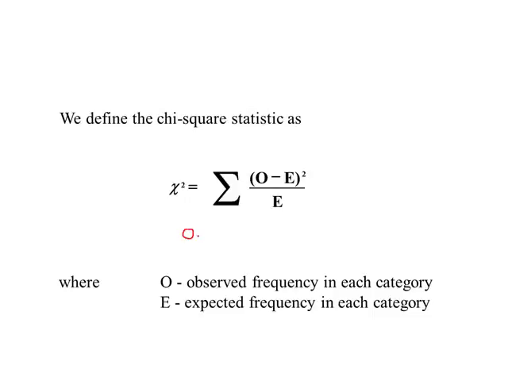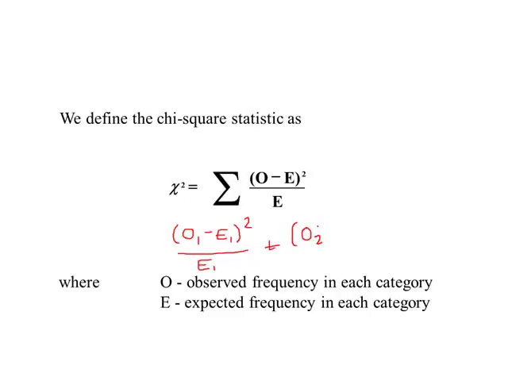So for our first category, which is wine, we would take the number that chose wine, subtract the expected number if our null hypothesis was true, square that difference, and then divide by that expected value. Then we do the same thing for our next category, which is beer.